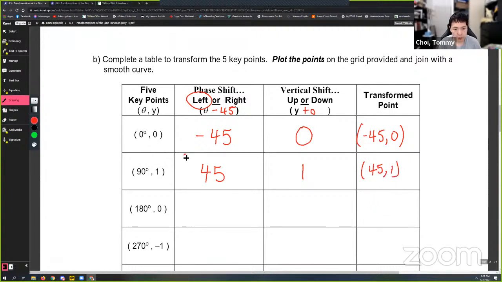For those that are confused as to what I'm doing, I'm taking my x value, or theta value, and subtracting 45 because we're shifting to the left. Same thing here: 180 minus 45 gives us 135, and 0 plus 0 is 0, so the next point is 135, comma 0.